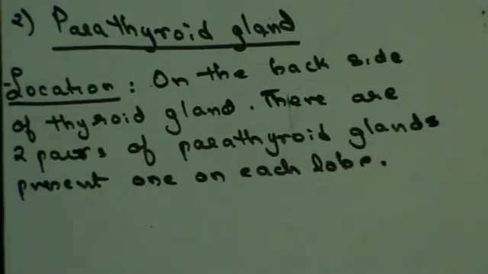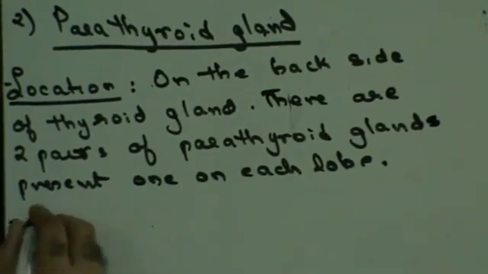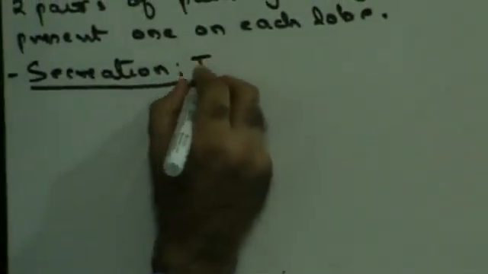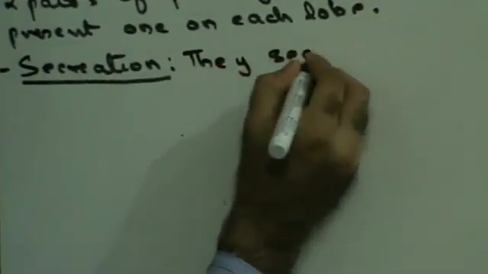Now, why do I need the parathyroid gland? I need it because it secretes a peptide hormone, which is called the parathyroid hormone.